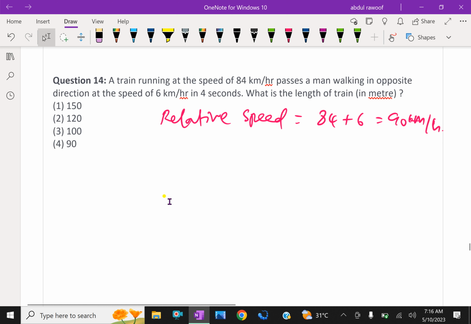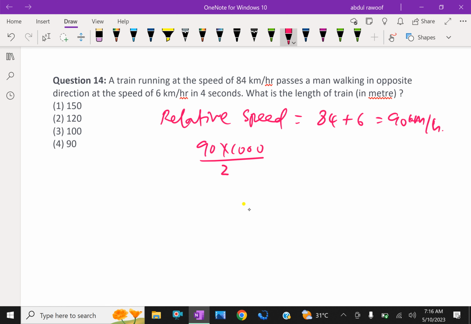Then we have to convert this to meters per second, that is 90 into 1000 divided by 3600, which is equal to 25 meters per second.